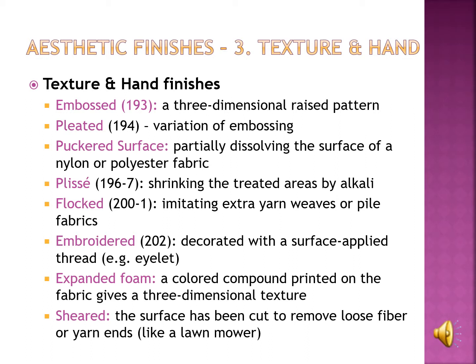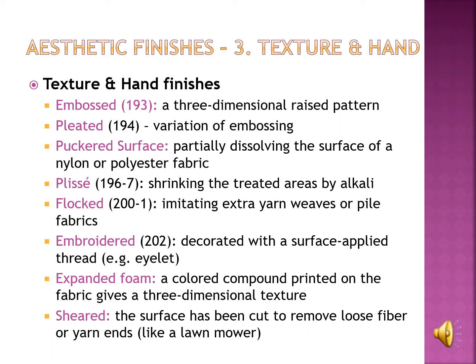Pleating is a variation of embossing. Surfaces can also be puckered, flocked, or embroidered, which is when they're decorated with surface-applied thread. So there are several different options under texture and hand, and these usually relate to increased cost for fabrics when all this type of stuff starts to be done to the different fabrics.